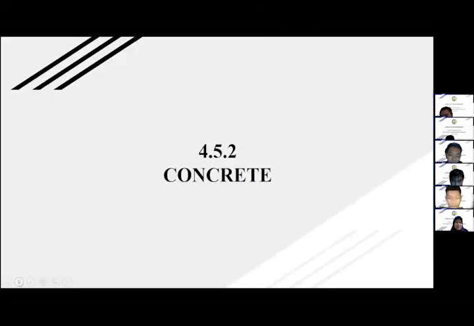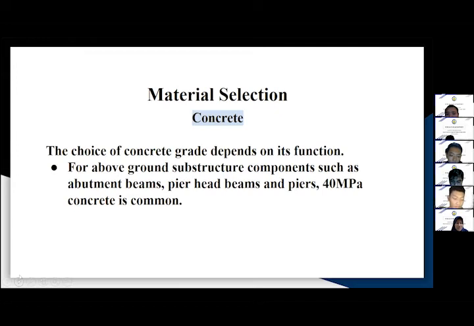And then the next topic is concrete. The choice of concrete depends on function. For example, for above-ground substructure components such as abutment beams, pierhead beams, and piers, 40 MPa concrete is common.